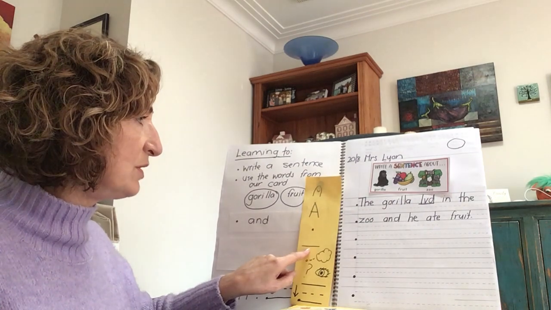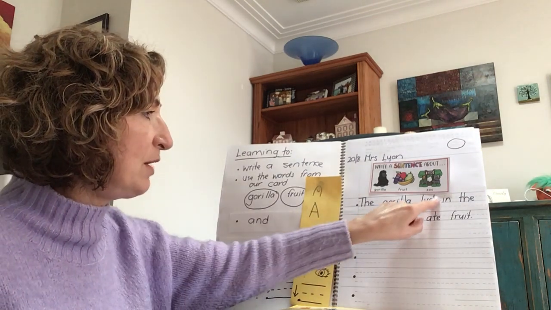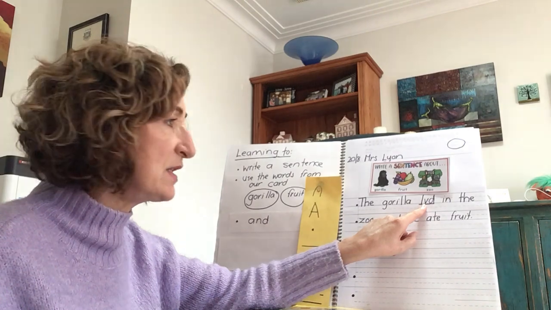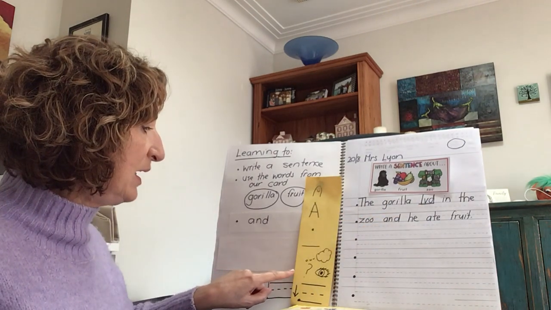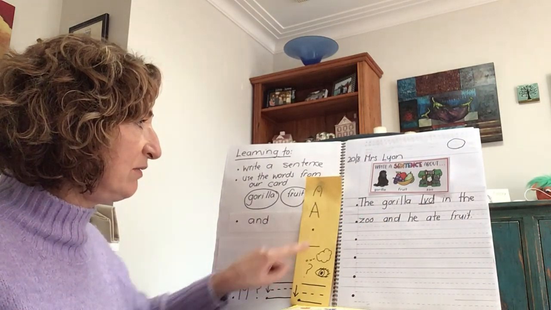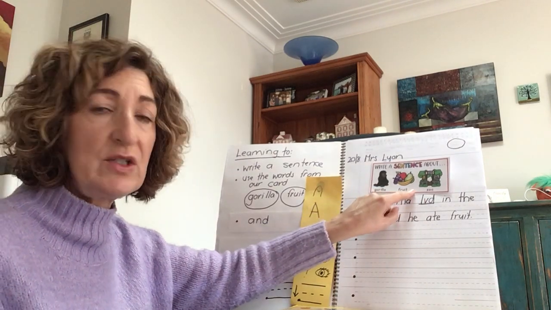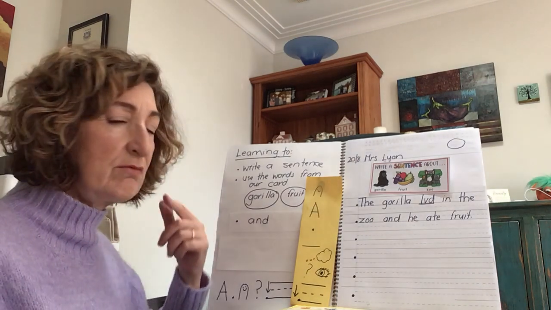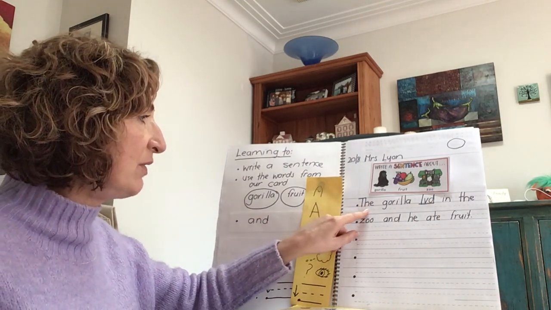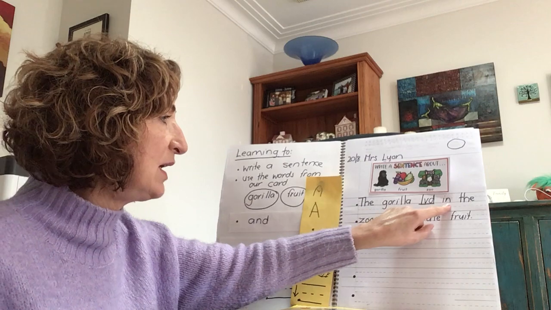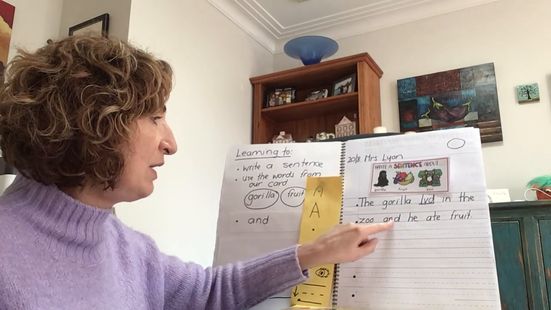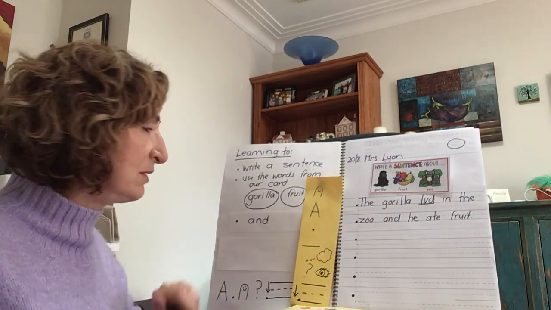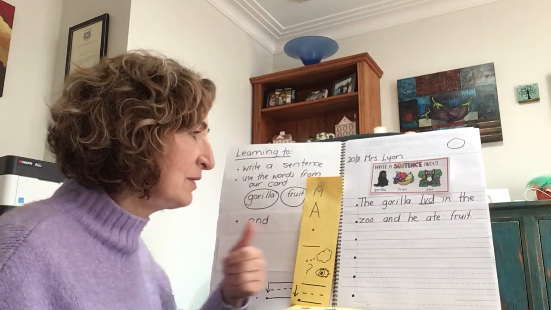Underline my try words. Yes, my only try word was the word lived. And did I have an idea? Yes, I got my ideas today from my picture card. Does it make sense? Got to read it aloud and really check that it makes sense. The gorilla lived in the zoo and he ate fruit. I think it makes sense, don't you?